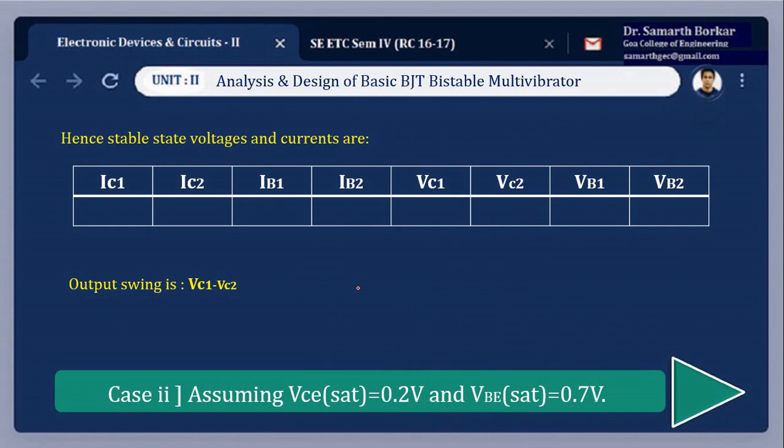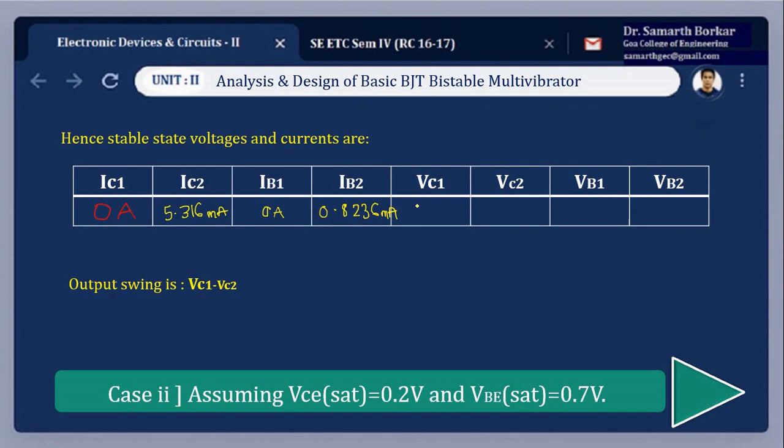Next, we have to simply tabulate the results we have got. The value of IC1, since the transistor is off, is 0 amperes. IC2, we have calculated as 5.316 milliamperes. IB1, the transistor Q1 is off, so naturally there is no base current, so it is 0 amperes. IB2, the all-important parameter, we have calculated as 0.8236 milliamperes.